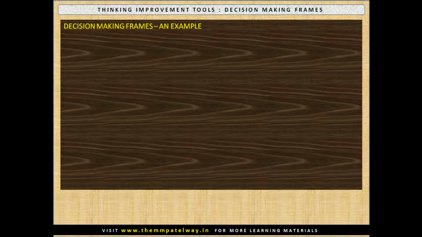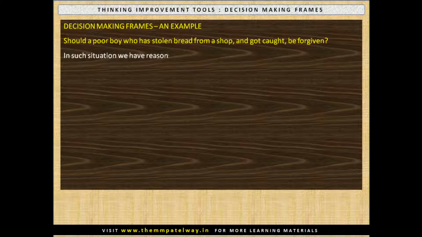Now let's see an example of how decision making frames are used. The situation is, should a poor boy who has stolen bread from a shop and got caught be forgiven? In such a situation, we have reasons both for and against.